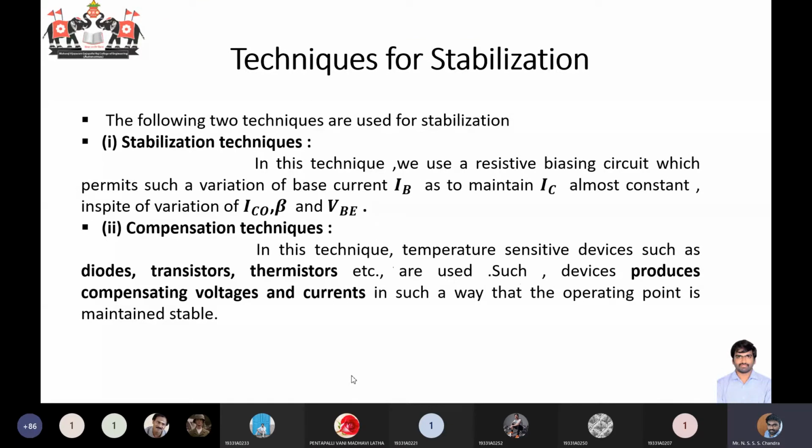Although you have changes in ICO, beta or VBE, your resistive network will ensure that current IC will be nearly constant. It means that your operating point is stable. That's called the stabilization technique. Second is that we will be using temperature sensitive devices.